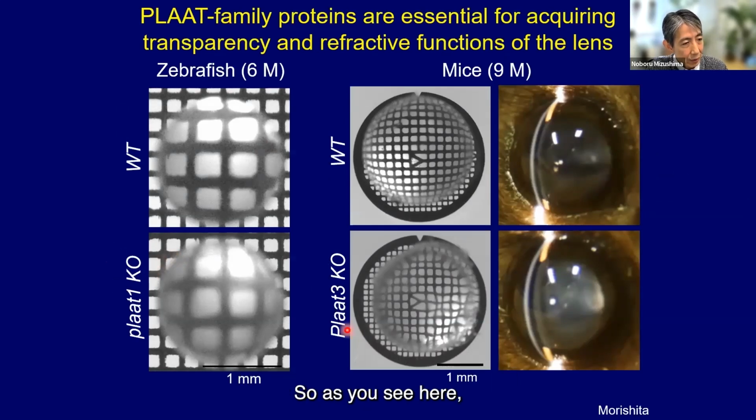As you see here, the lenses from PLAT1 knockout zebrafish and PLAT3 knockout mice were less transparent, and the grid patterns behind these lenses were distorted. So it suggests that PLAT1-dependent organelle degradation is important for optimal lens transparency.